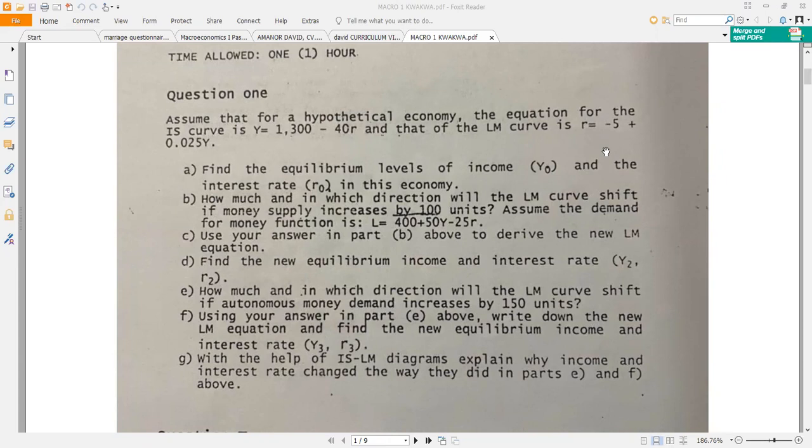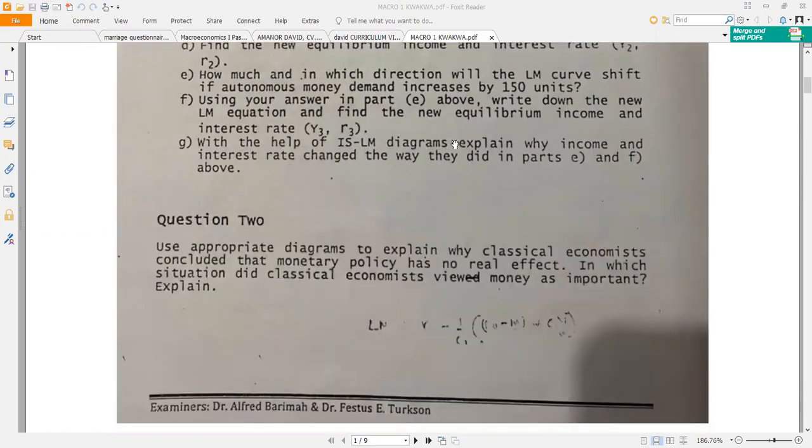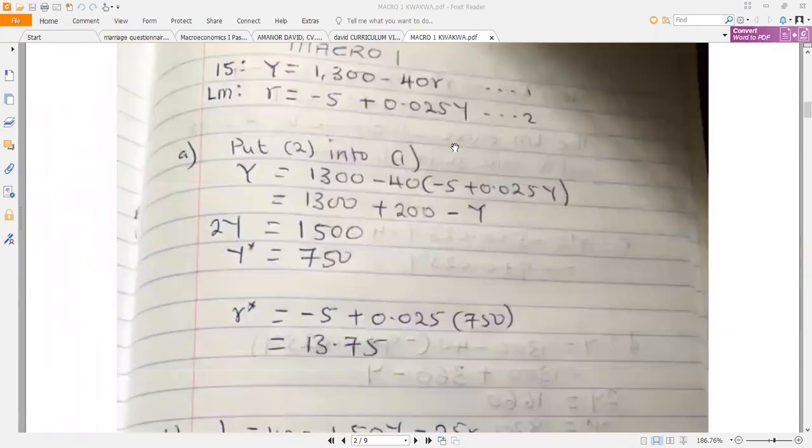So we are supposed to get exact values for the Y and then R. We have to solve the two simultaneously, but however you solve it depends on you. There's no restriction. You can choose to put R into Y or put Y into R. But what I did here, I put R into Y. So this is the IS equation. This is for the LM.